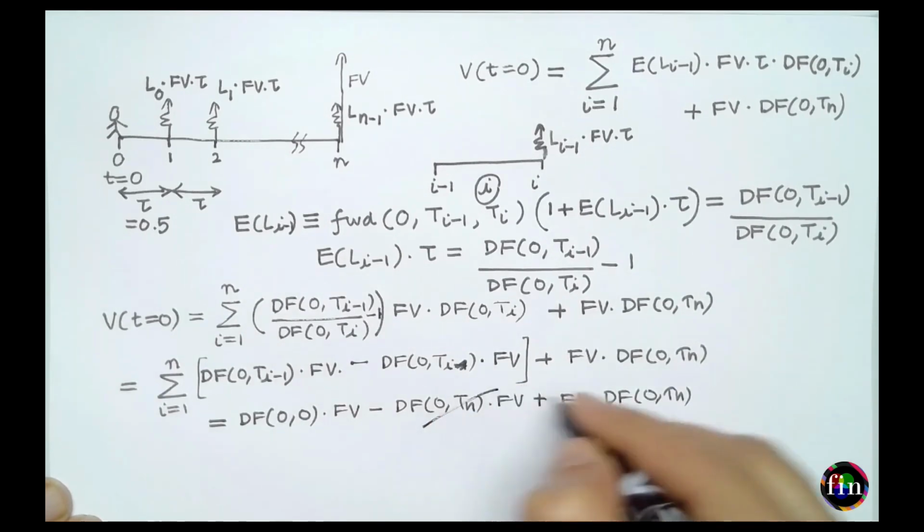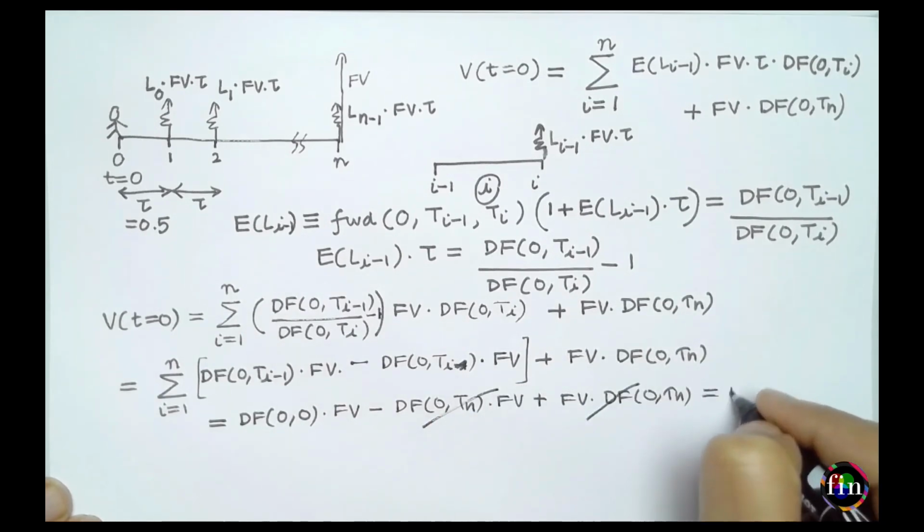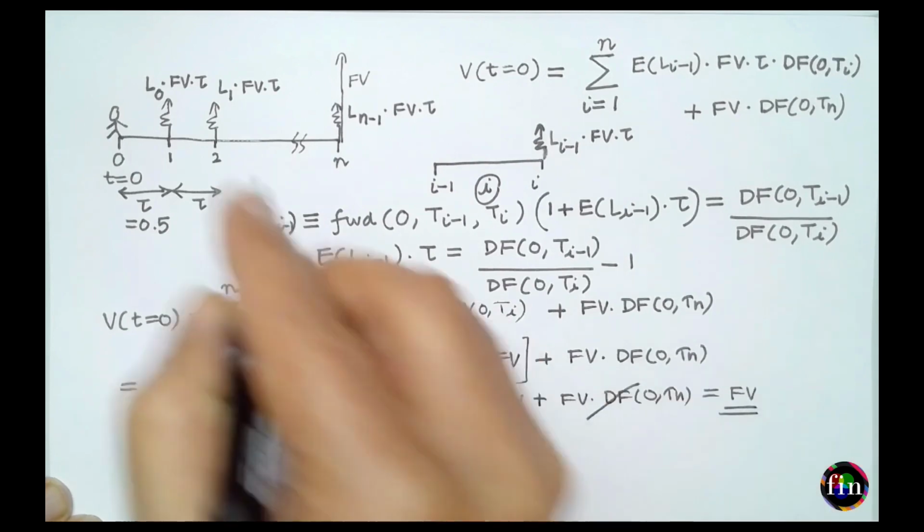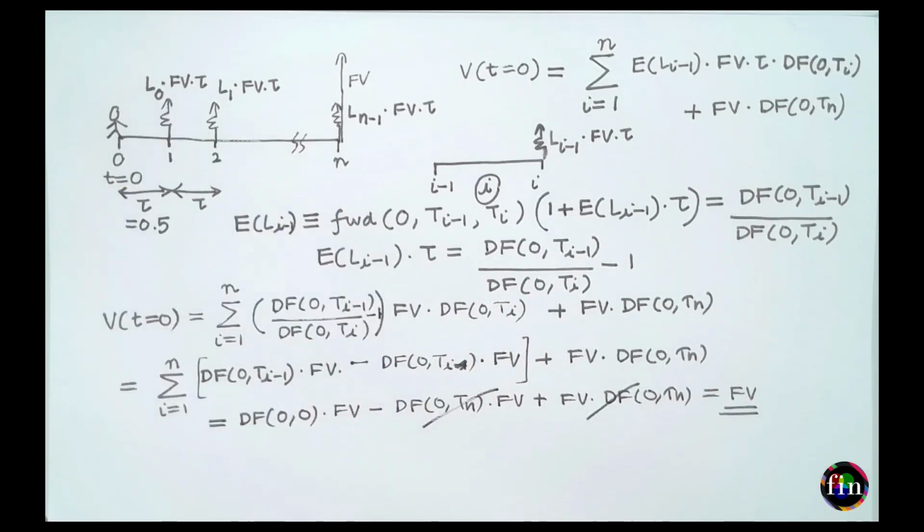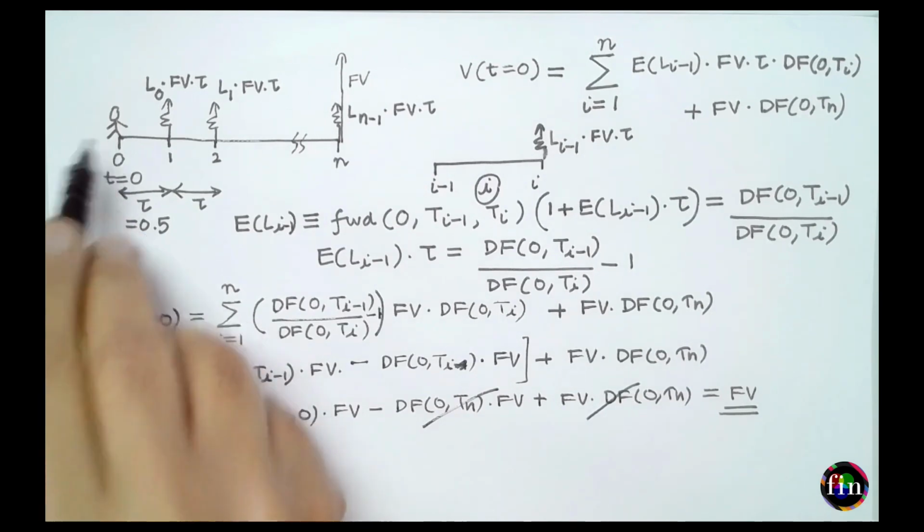So this and this again cancel, and what you get in the end is that the value of this note, floating rate note, as of today is equal to its face value. That means this note is priced to par if I am standing as of today.